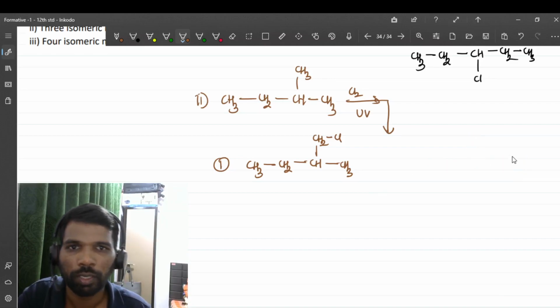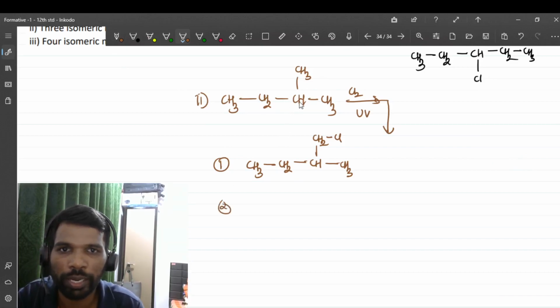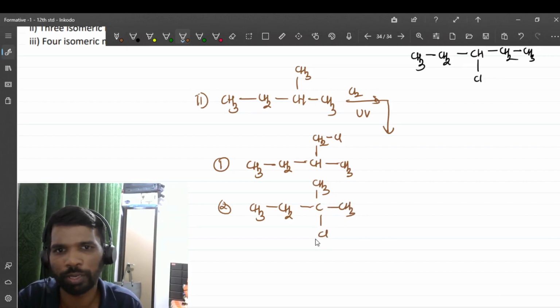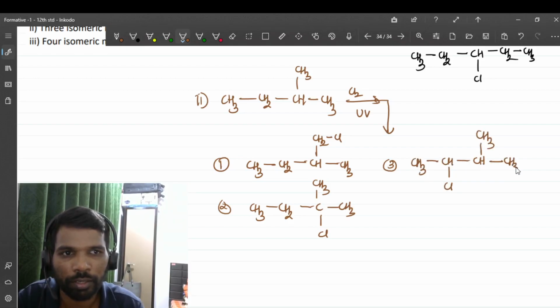Second possibility is that we can have a second compound, chlorine getting substituted on this. So this is CH3, CH2, CH3, CH3, and Cl. This is the second possibility, right? And the third possibility of the free radical chlorination, CH3, CH, Cl can be over here. This is CH, CH3, and CH3.